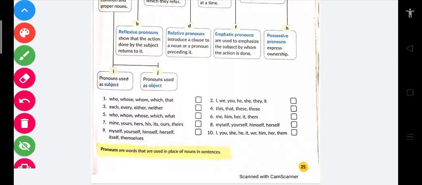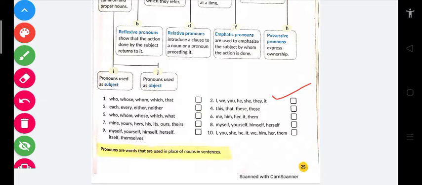So here, tell me the pronouns which are used in place of proper noun or common noun. You may say, sir, there are a lot of them: I, we, you, he, she, they, it. These are pronouns which can be used in place of a proper noun. How?